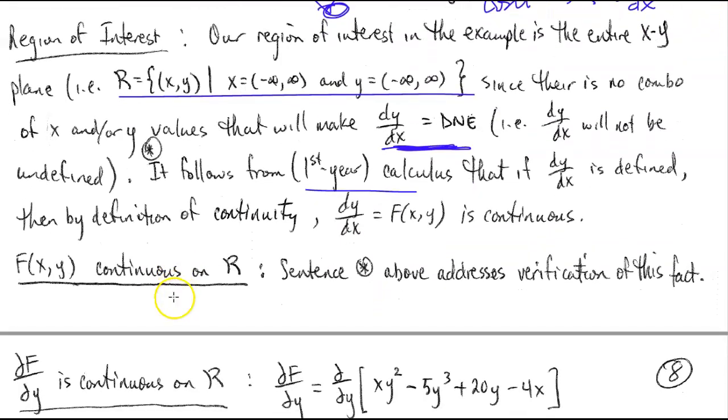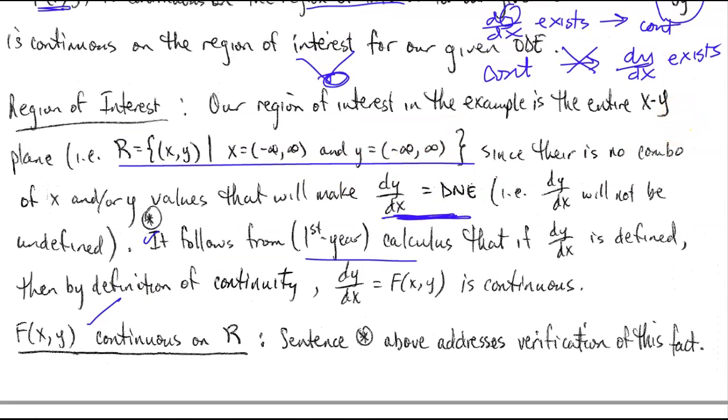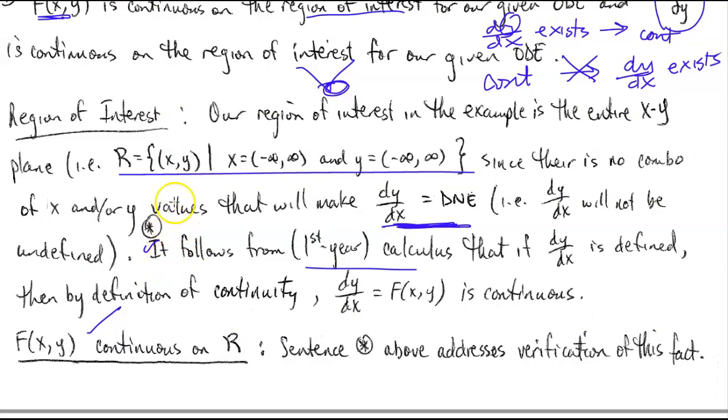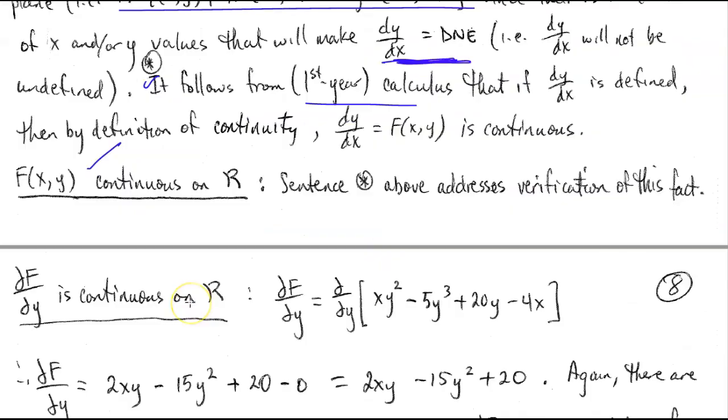Now, this particular sentence here, the first year calculus statement that I made here, actually proves that first part, or we actually end up showing that first thing. So when we say we must show that big F of X and Y has to be continuous on the region of interest, we basically took care of that.